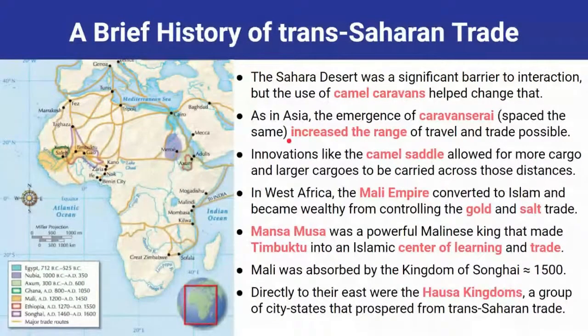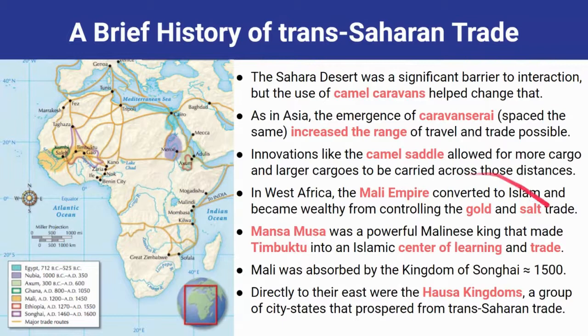You also have innovations like the camel saddle, which was a way for camels to carry larger cargo, and so that allowed for more stuff to be transferred over these long distances. So those are the two parts: some technologies centered around longer distances, some centered around having more stuff on those trips, and then also navigational technologies like we talked about.